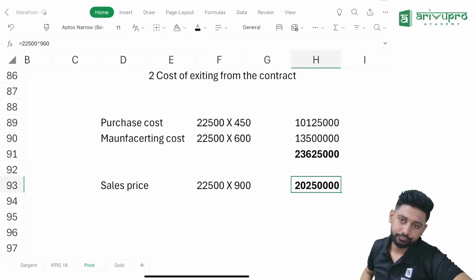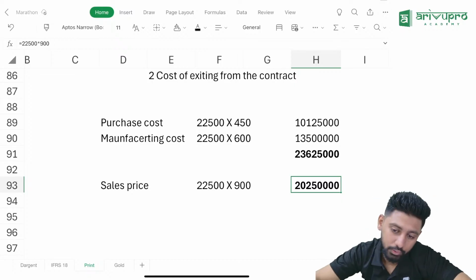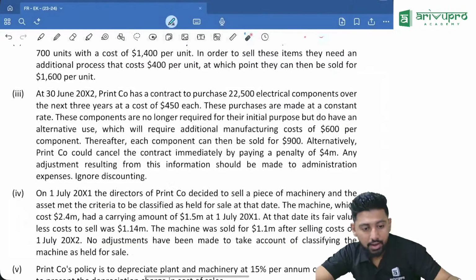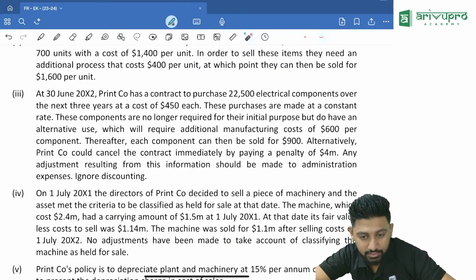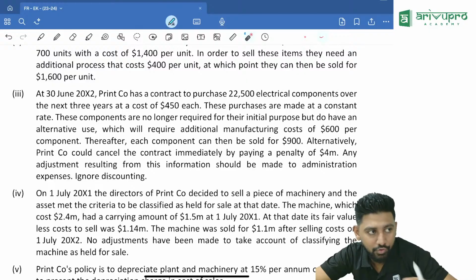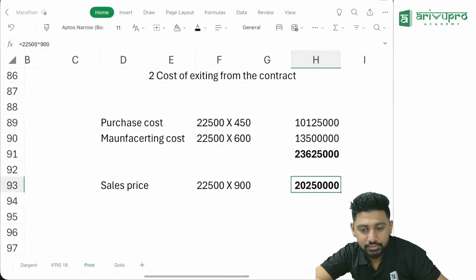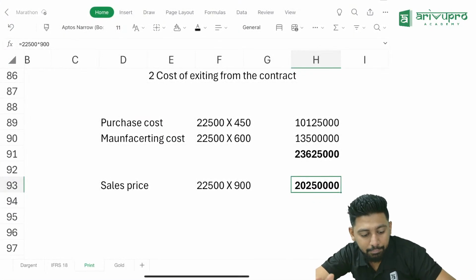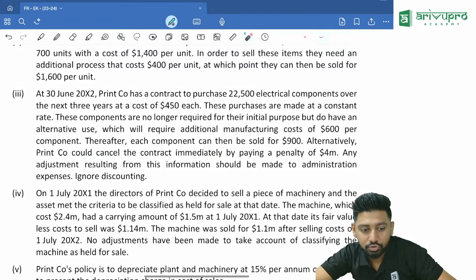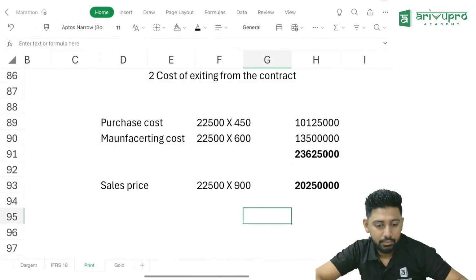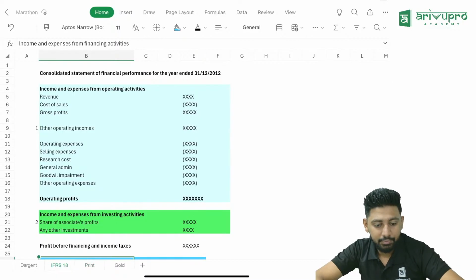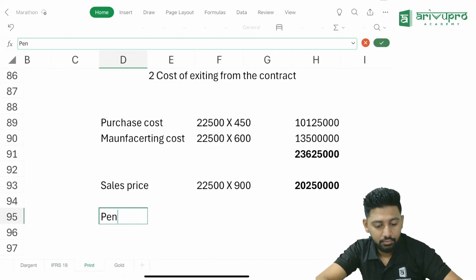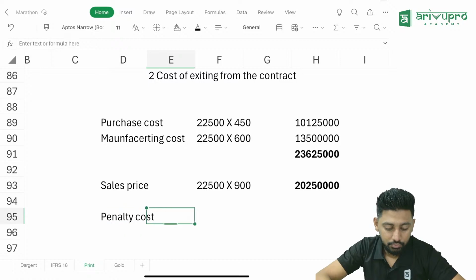However, now if you compare my penalty, if I decide not to take this but to go ahead and pay the penalty, my penalty cost will be how much? 4 million. My penalty cost will be 4 million.